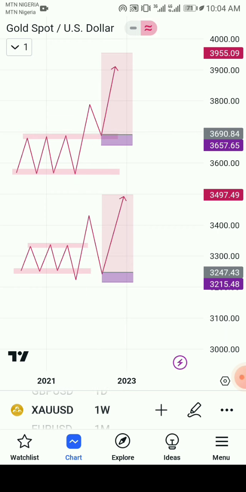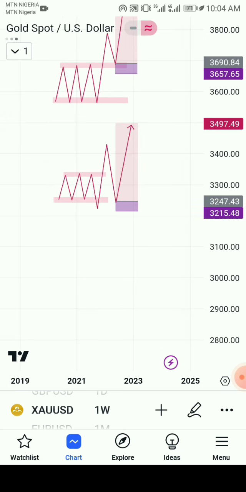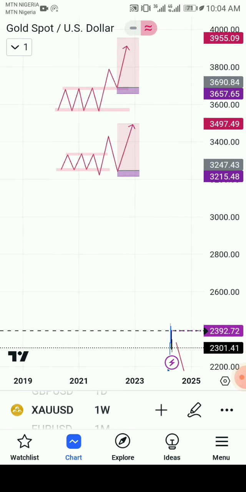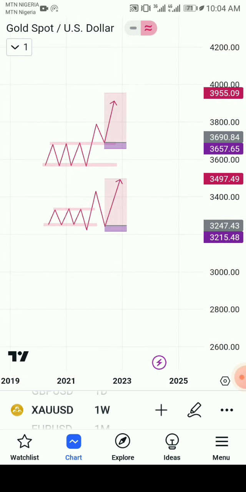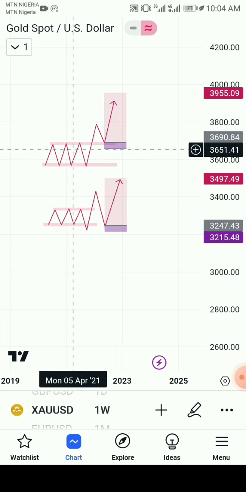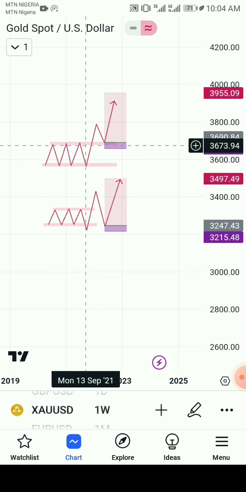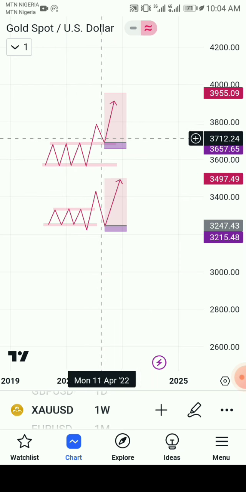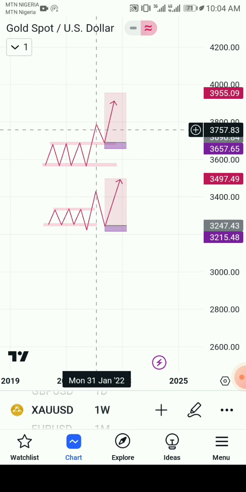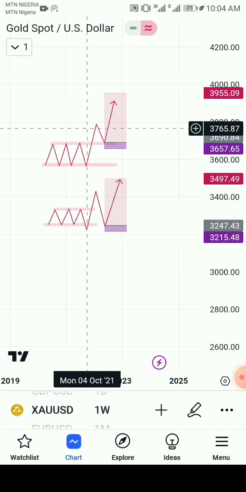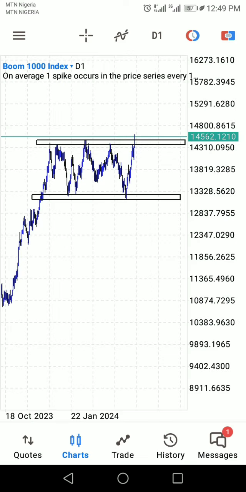Now let's look at, we are on gold, right? Please make sure you screenshot this because you always see them play. I drew a setup for this on 1000. That's volatility indices or derived indices, as we may call it.